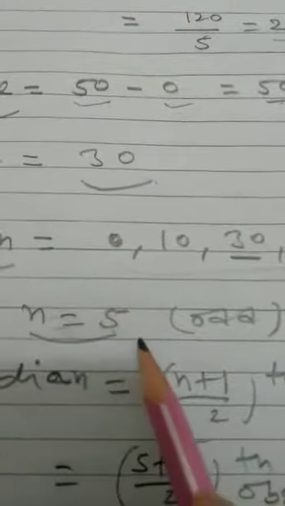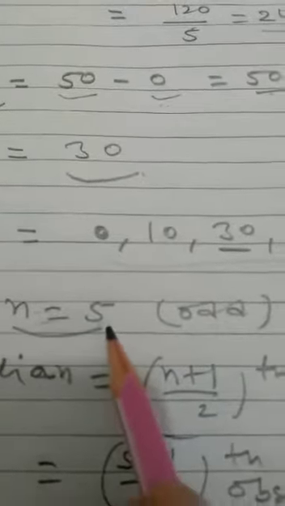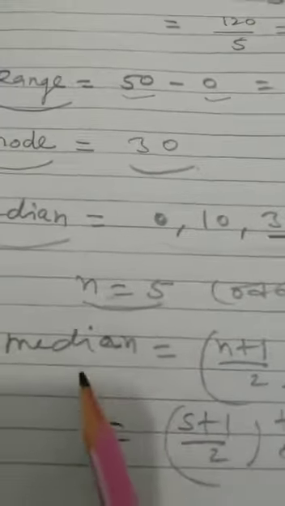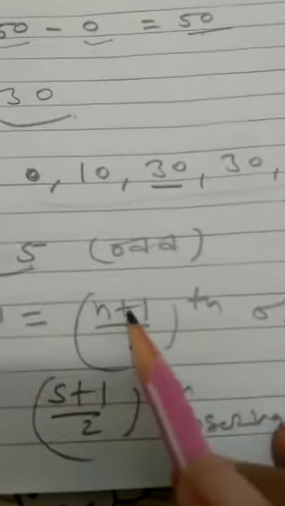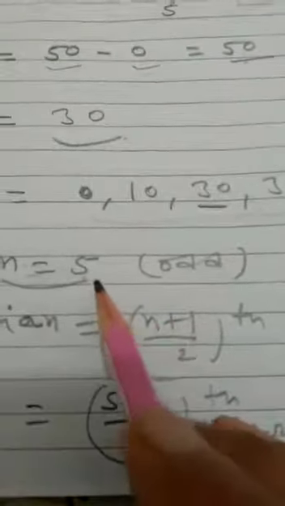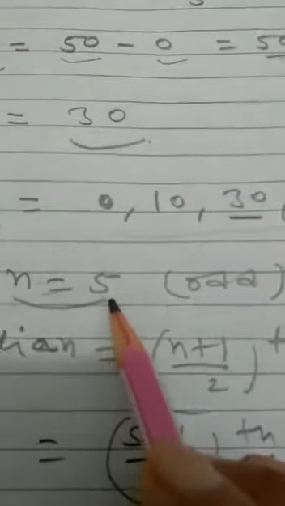There will be 2 types of numbers, even or odd. If the number of observations is odd, then the median will be the (n plus 1) upon 2th observation. Clear? Let's see an example. This is 5.